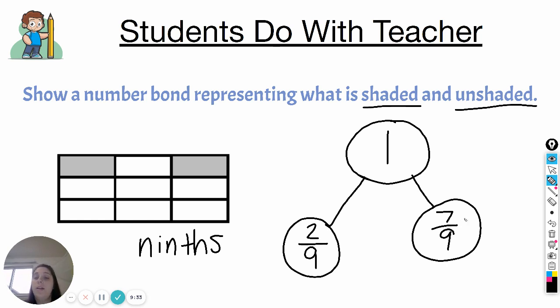So we would say that 7/9 is unshaded. And then, of course, our trick, we add the numerators together to make sure that we came up with the right amount of pieces. 2 plus 7 is 9. So we do have the right number of pieces altogether. So if we were to put those pieces together, this one whole would be like saying we have 9 pieces altogether out of 9. And we'll learn more about that later.